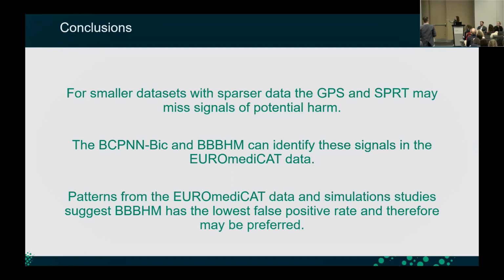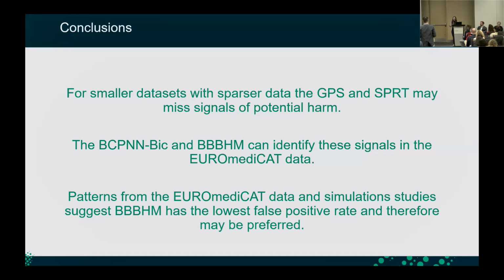And actually in this analysis, we found it looked like quite a high false positive rate. But if you tweak the cutoff that you're using, you might be able to sort that out a little bit. The BBBHM is a further extension to that. So you're using the bi-clustering information to create hierarchies.